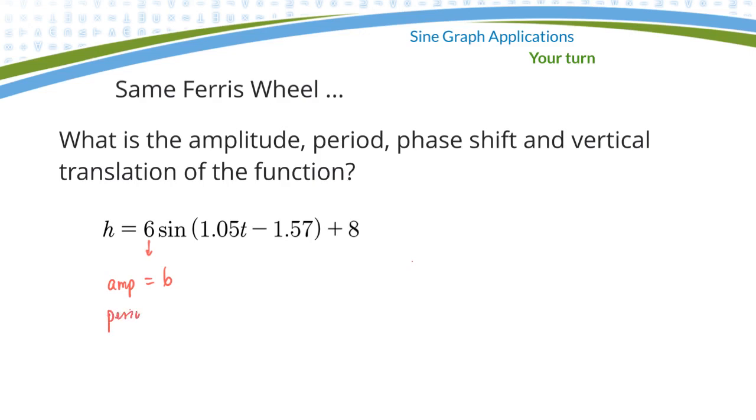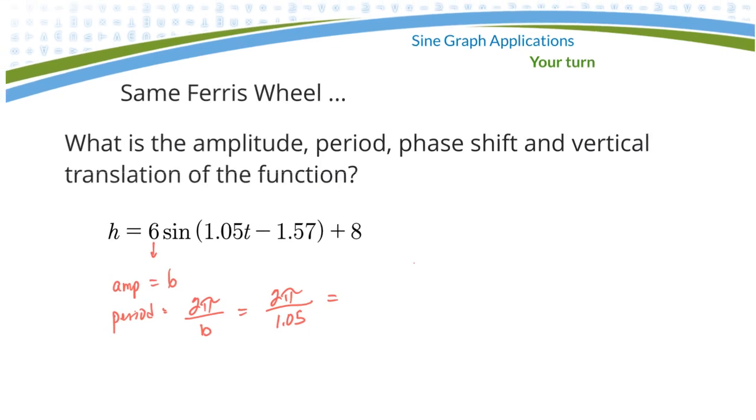The period is always 2 pi divided by b. So 2 pi divided by b is 1.05. So I could divide that. I could go 2 times pi divided by 1.05. 6.28 divided by 1.05. It'd be 6 point something. You could do that on your calculator. Phase shift. So the phase shift is c over b.